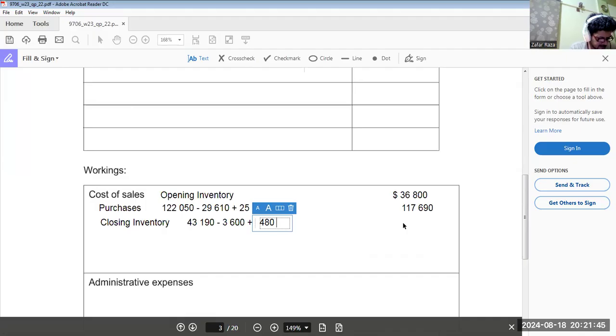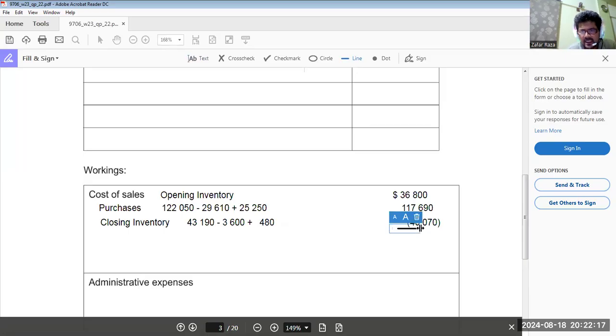So 43,190 minus 3,600 plus 480 is 40,070. I haven't put it in a bracket because we have to deduct it.